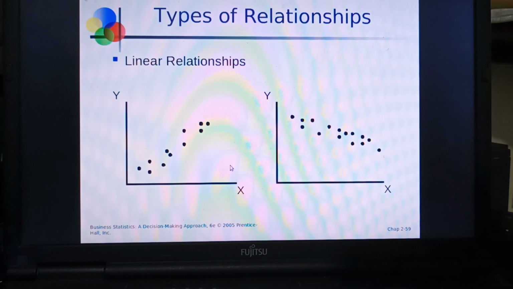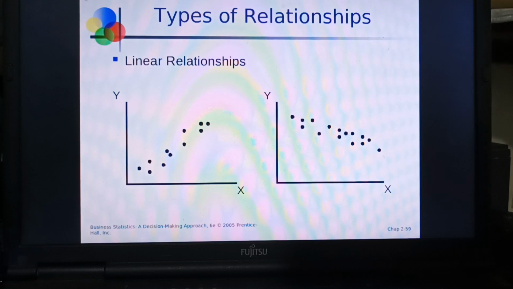Now, most graphs, or what they call curves or lines, would indicate some relationships between the variables. In this case, the relationships between the x and the y variables.